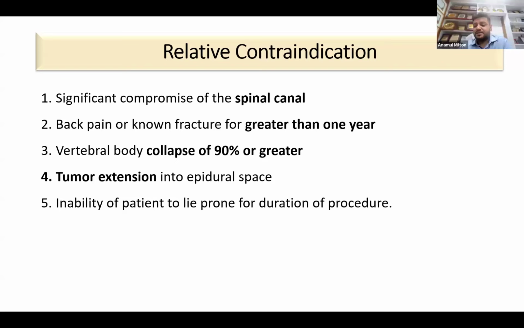So you should keep this in mind, whether you should go for this or not, it is a relative contraindication. Back pain, and if the patient has a fracture for more than 1 year, it is also a relative contraindication. If the vertebral body compression is more than 90%, at that time you should avoid this.